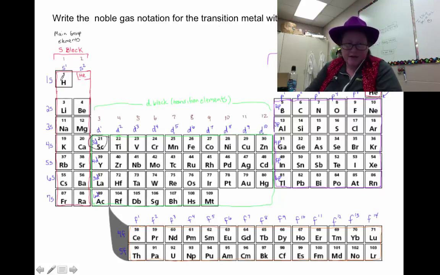Starting from the top, doing a full configuration: 1s2, 2s2, 2p6, 3s2, 3p6, and 4s2.